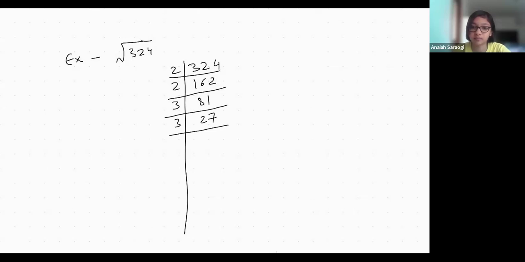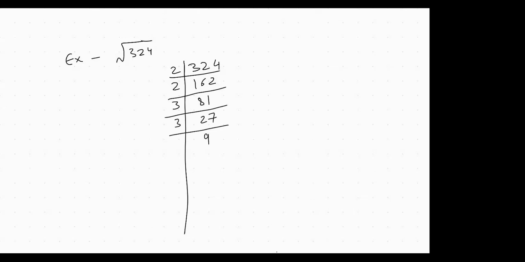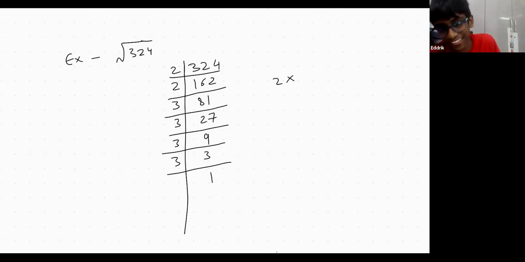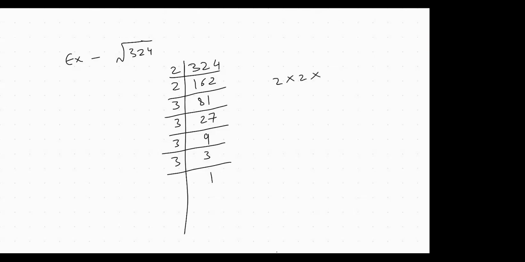9 and 3. 3 threes are 9, and 3 ones are 3. So now we have 2 into 2 into 3 into 3 into 3 into 3. List out the factors. Now make pairs.